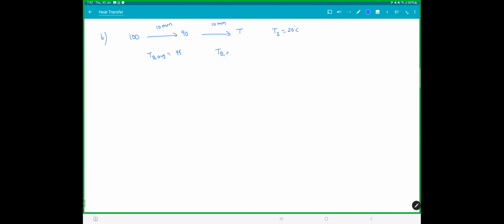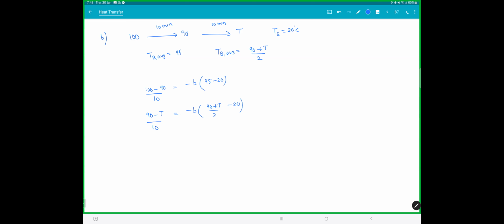Here T body average is 90 plus T by 2. So here the temperature difference was 100 minus 90 by 10 is minus b into 95 minus 20. Here it is 90 minus T by 10 is minus b into 90 plus T by 2 minus 20.